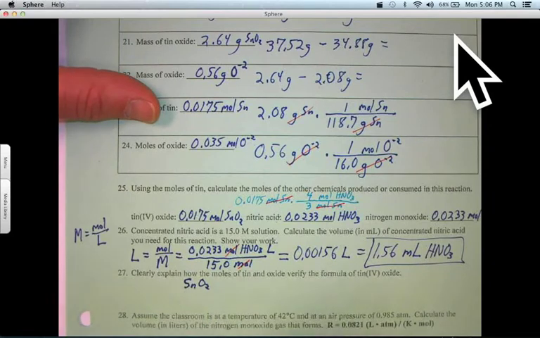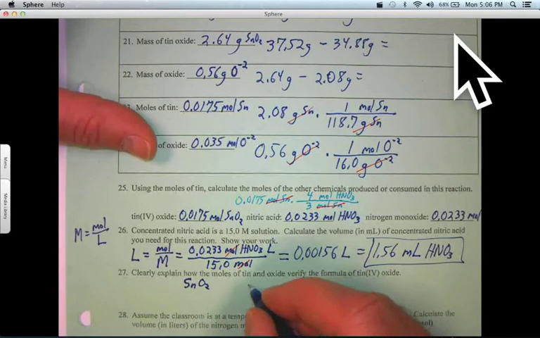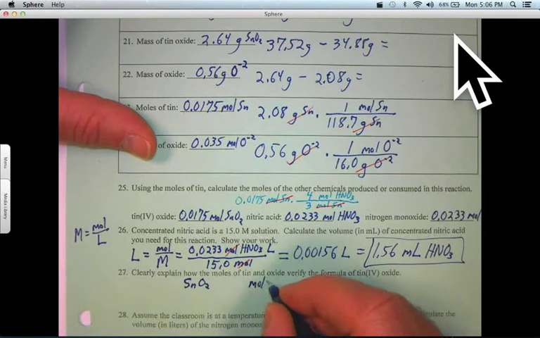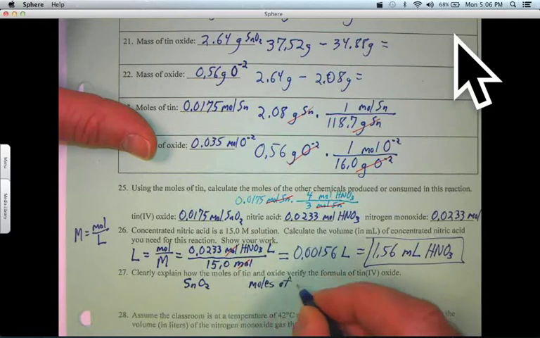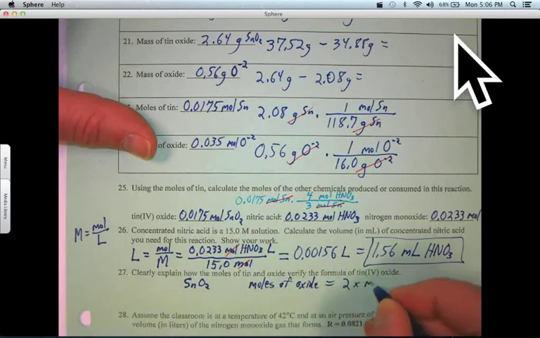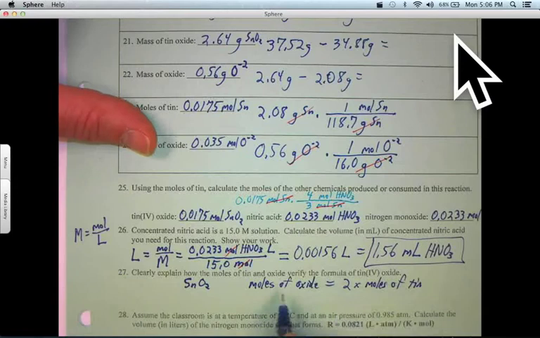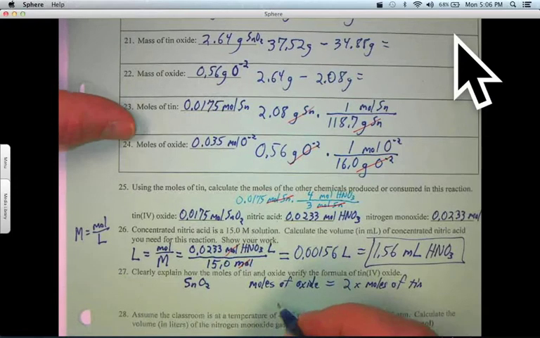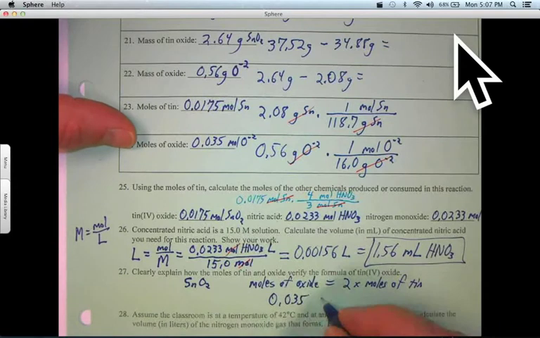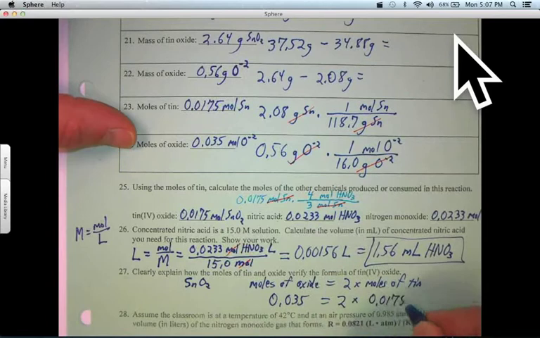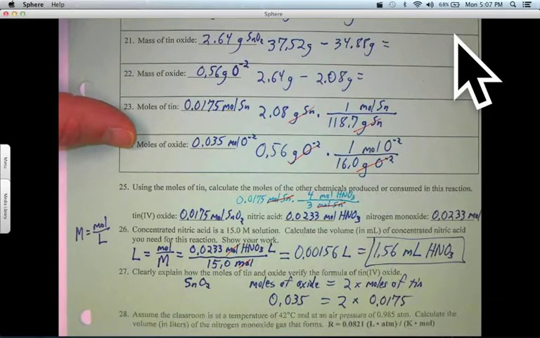So we would expect the moles of oxide to equal 2 times the moles of tin. That's what we'd expect. And what is the moles of oxide? Moles of oxide is 0.035. Does that equal 2 times 0.0175? Yes, it does. Very good.